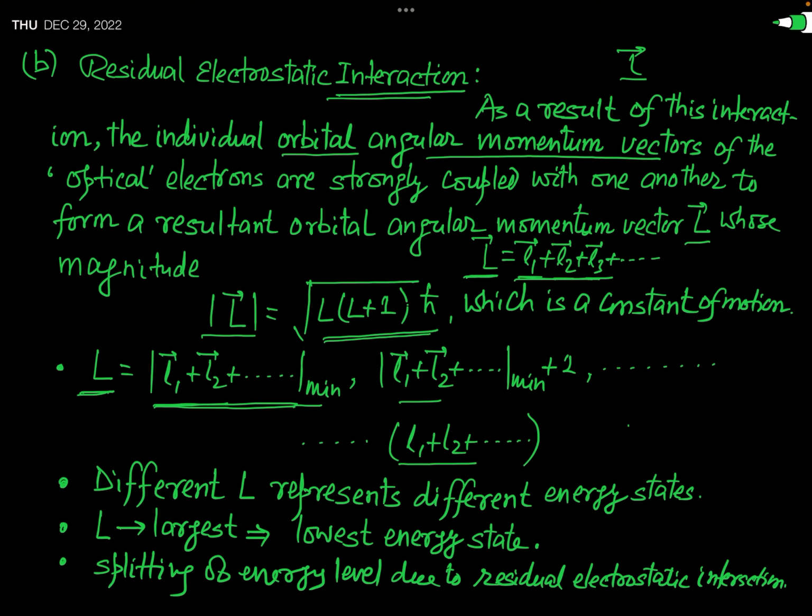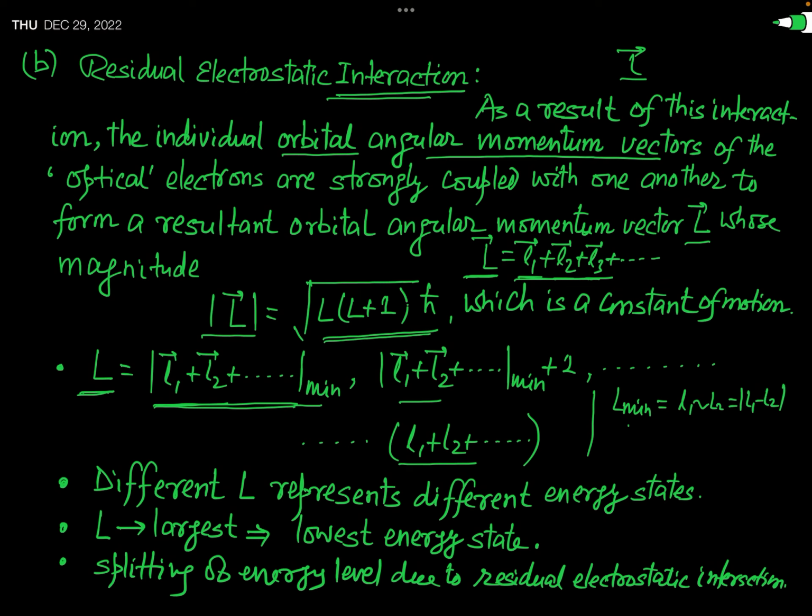Now, just for example, if you consider that there are only 2 electrons, then what will L minimum be? If there are 2 electrons, then L minimum is equal to the difference of l1 and l2, or you may write it as mod of l1 minus l2.